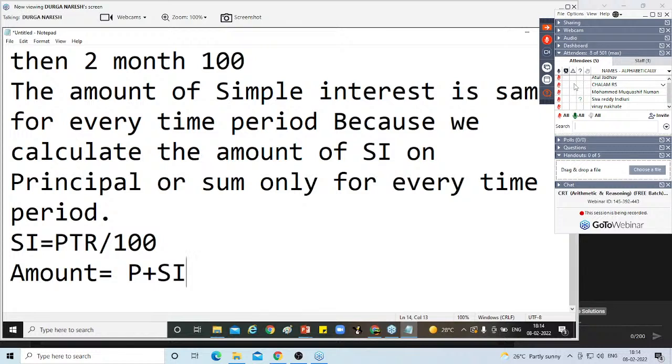Hope all of you got the difference between principal and amount. Amount is principal plus simple interest.